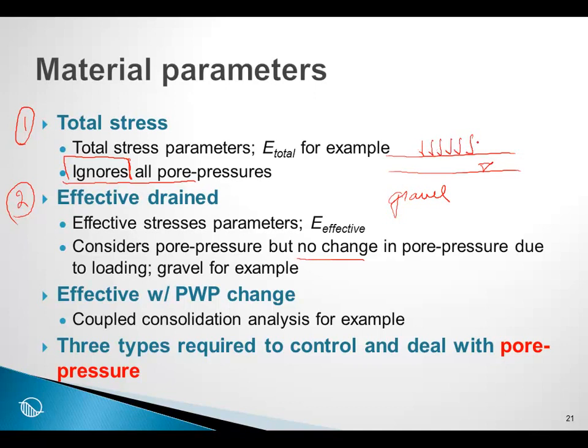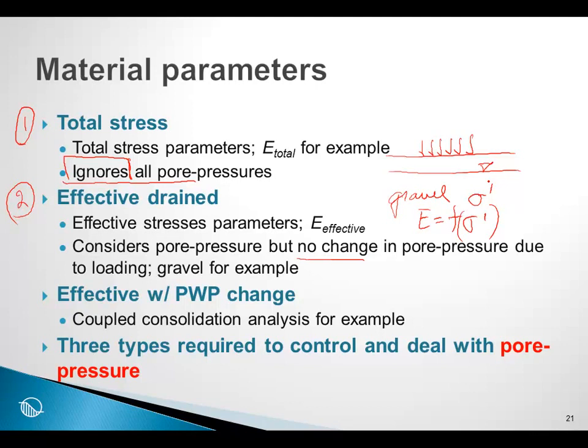There will be a change in stress, but no change in pore water pressure. We need to, however, know the effective stress in the ground because E is often a function of the stress state. Using the effective drained parameters category, we can determine the effective stress to get the correct material properties, but there is no change in pore pressure when we use this category group.